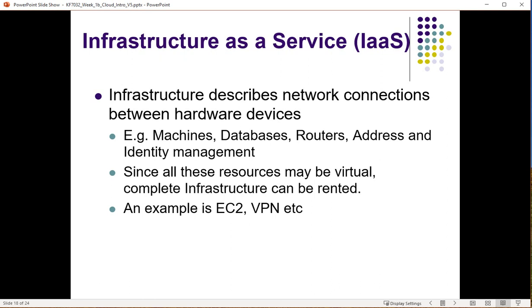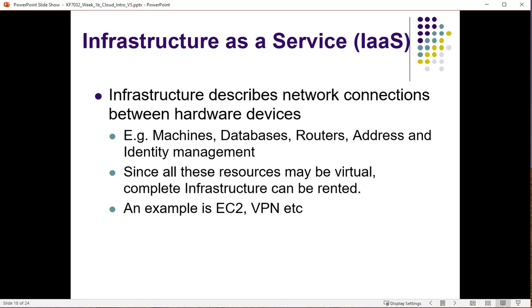Infrastructure is the most interesting part from the computing perspective. So there we're talking about machines, databases, things like routers, address management, and so on. All of these, particularly things like routers, may seem to have to be physical boxes, but in fact they can all be migrated into the cloud and their software run on existing compute infrastructure, and then you would pay for that separately.